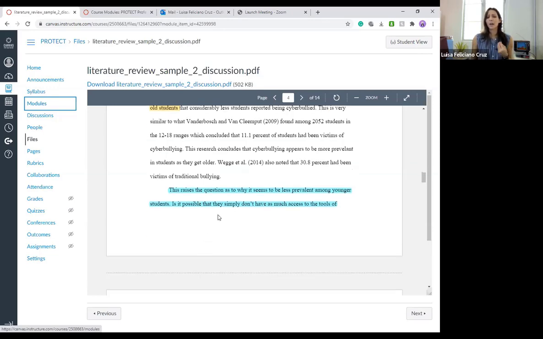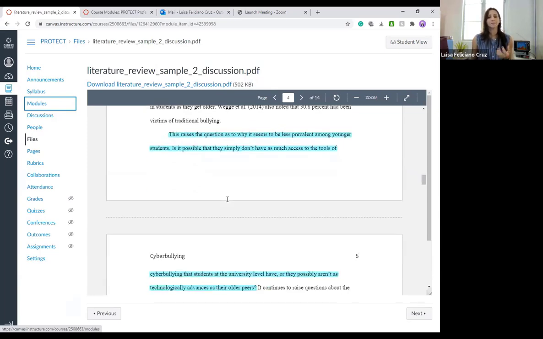He says that one possible way would be that younger students do not have access to technology as college students do, but this was back in 2014, right? So now 2021, like every kid has a cell phone. So this might have changed. So it's important to make sure that your sources are current, and make sure that you are able to synthesize and explain what your sources are telling us.